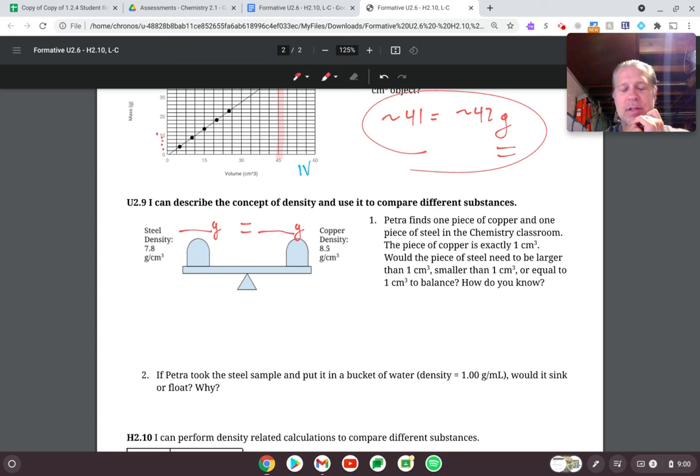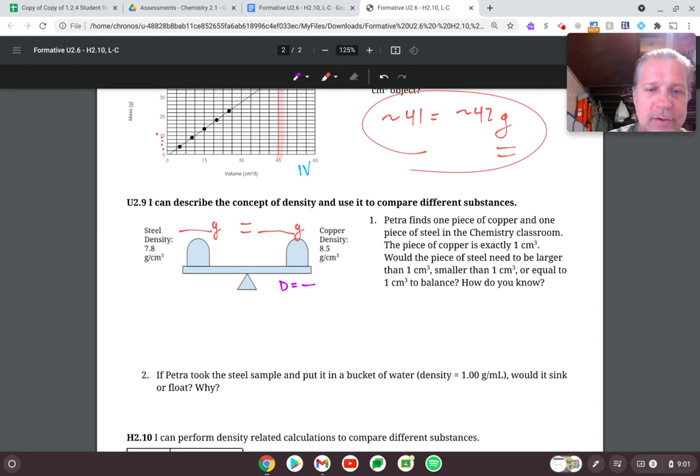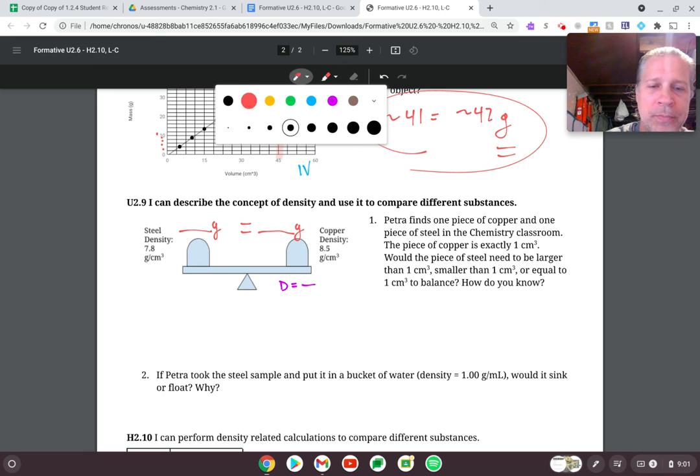Conceptually, I think that some of us could probably reason out pretty quickly what the answer is going to be, but I'm going to do a little bit of math to support my answer right away. So in this instance, a thing that I know is that density is equal to mass over volume, right?